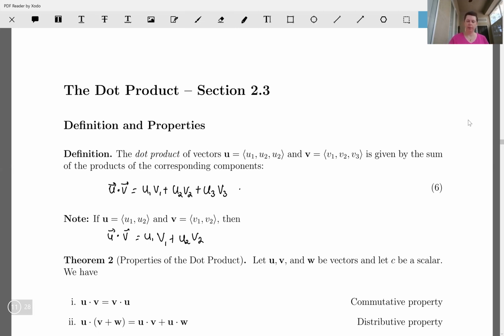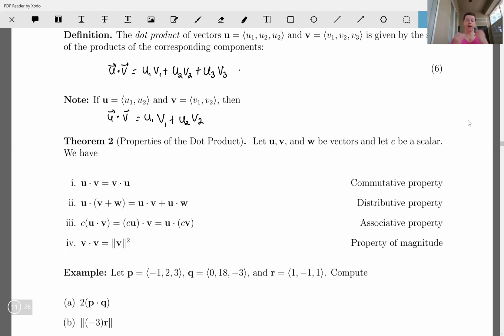So what are some properties of this dot product? Well, the dot product is kind of cool because in terms of properties it acts just like regular multiplication by a scalar, more or less. The dot product of u with v is the dot product of v with u, so it's commutative. It's also distributive. So if I have u dotted with v plus w, that's u dot v plus u dot w.